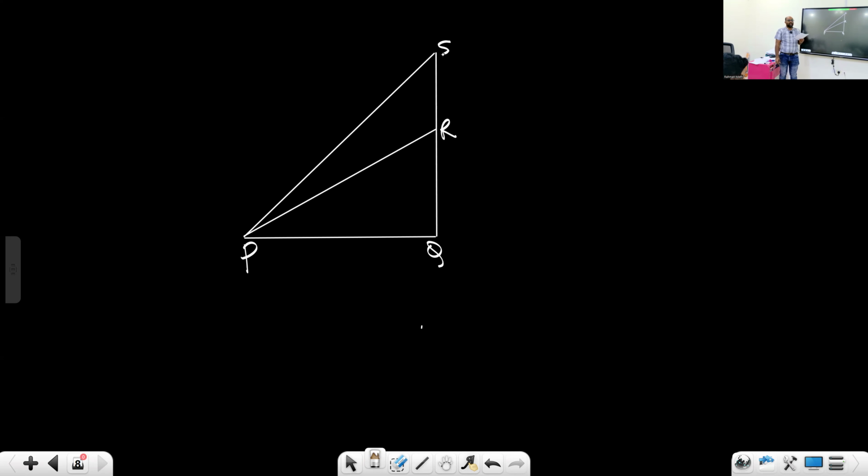Here the logo is coming in this position. The angle of elevation of the center of the logo is 30 degrees from point P at a distance of 24 meter from the base of the building.